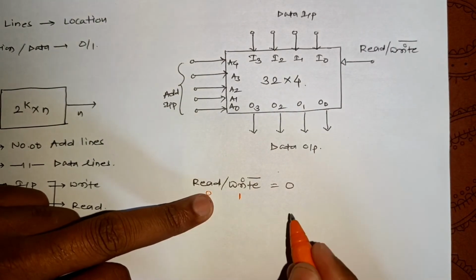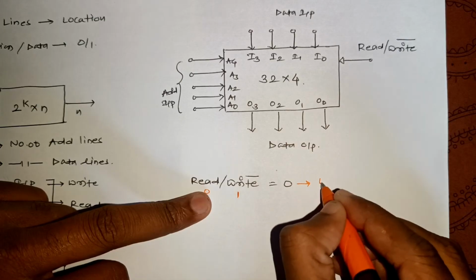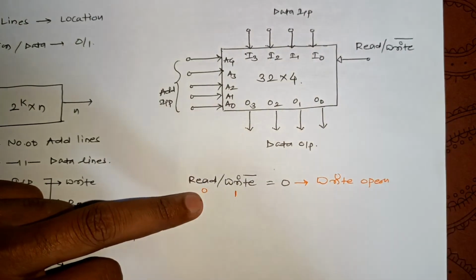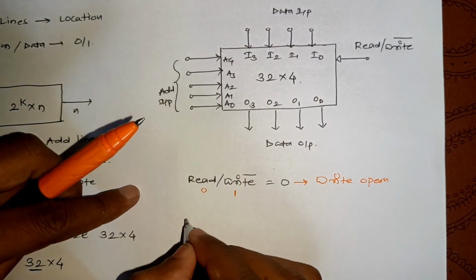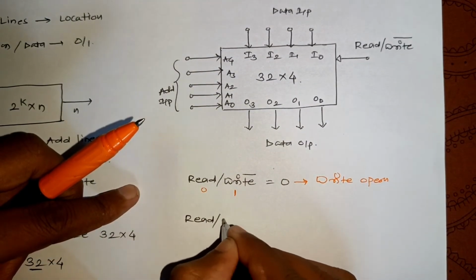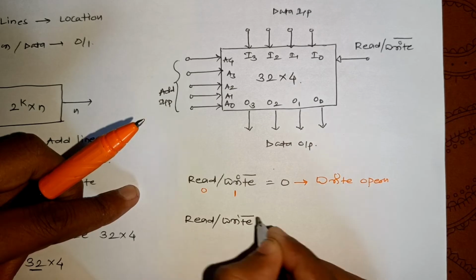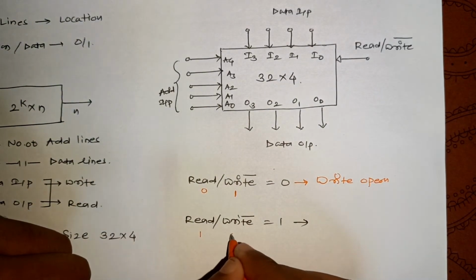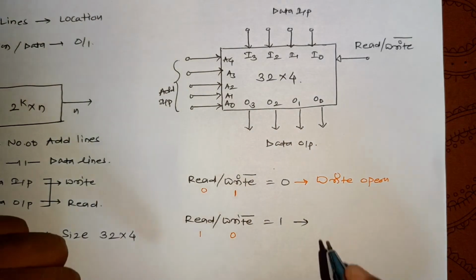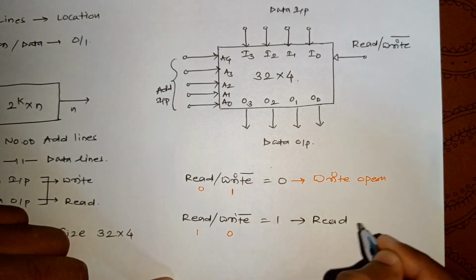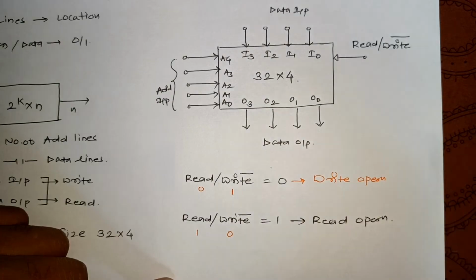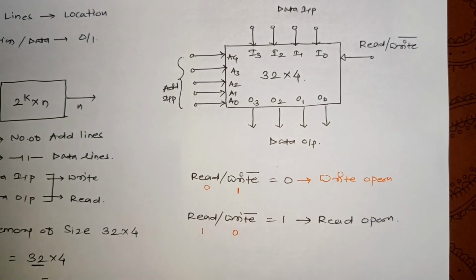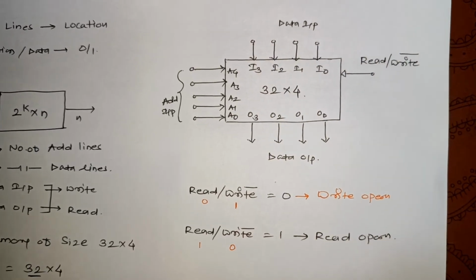So whenever read oblique write bar is 0, a write operation is performed, and whenever read oblique write bar is 1, तो read is equal to 1 आ जाएगा और ये हो जाएगा 0. So in this case read operation will be performed. तो ये दो ऑपरेशन हमें परफॉर्म करने हैं, आइदर डेटा रीड करना है या फिर डेटा राइट करना है.